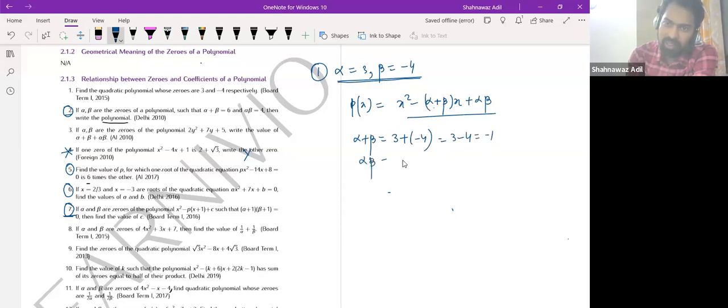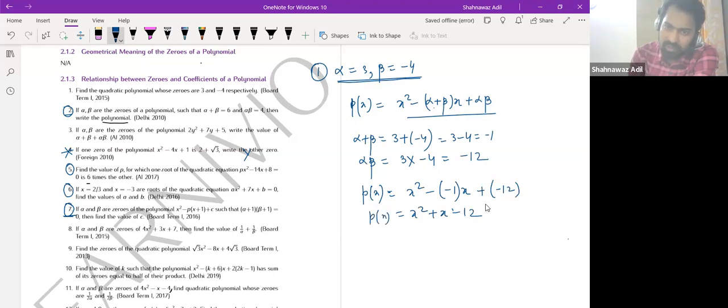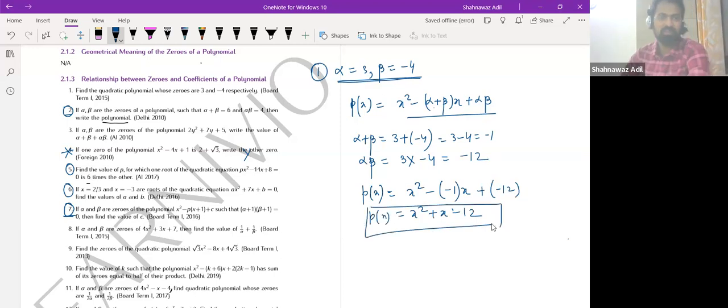Alpha into beta is 3 into minus 4, which is minus 12. Then the polynomial would be x squared minus of minus 1 x plus minus 12. So this is x squared plus x minus 12. This is the first question, right, everyone?